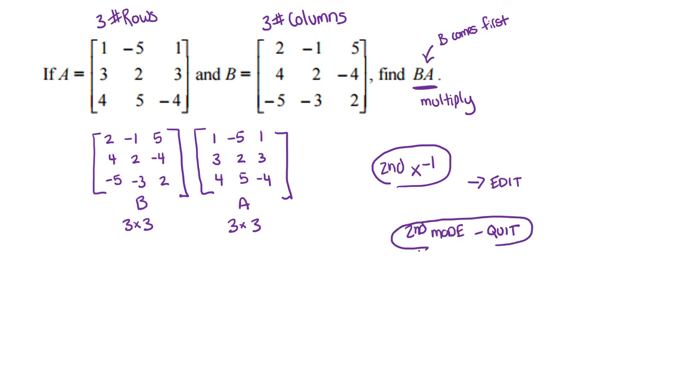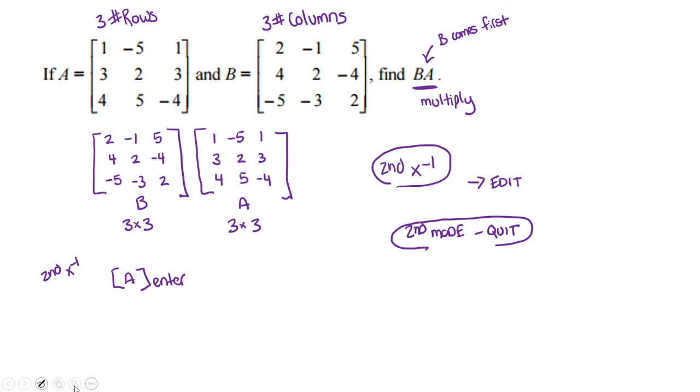And then go again to matrix and hit enter on A. If you hit enter on A after you go back to second matrix key, you should see your matrix. So that's just to let you know that it's programmed.